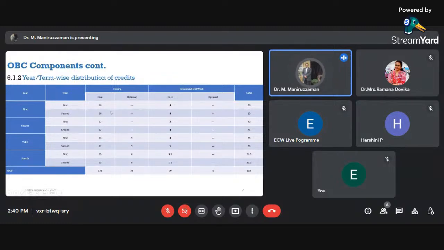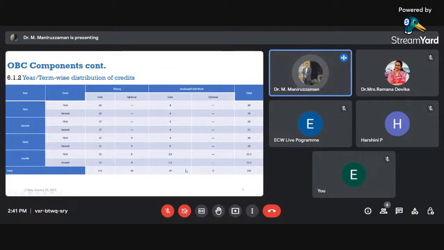Core courses 16, optional nothing. Core, these are theoretical courses, and sessional or fieldwork related courses. Core courses 4, optional nothing. So in total 20. In this way, I have just shown the credits of the whole program distributed to different terms or semesters in different years, in total 4 years.